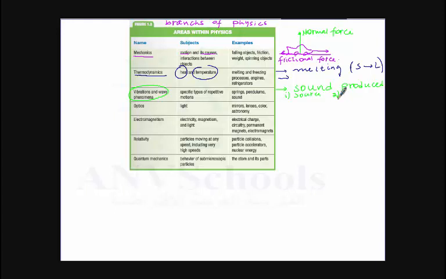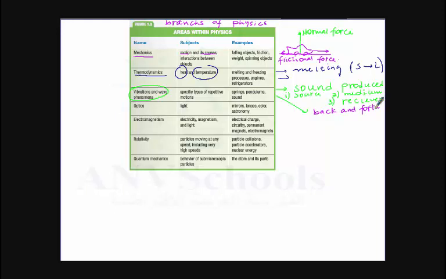Second, the medium through which sound travels. And the third one is the receiver of the sound. And you also have to know the meaning of vibration. When you say vibration, we mean back and forth movement, or to and fro movement.